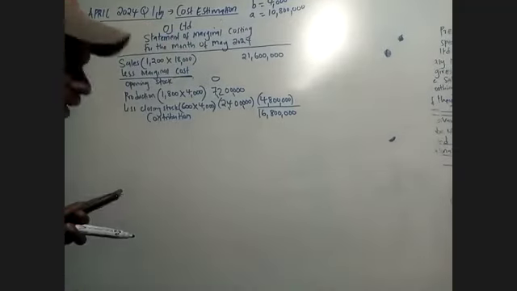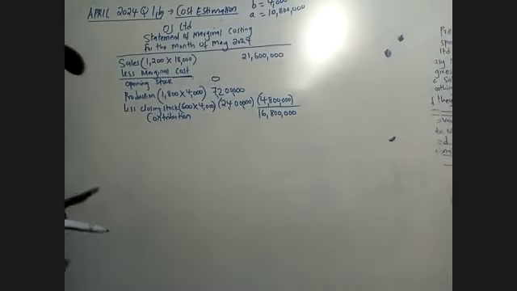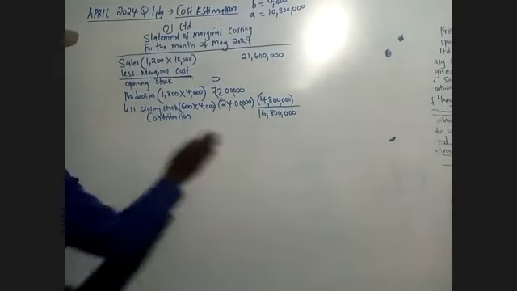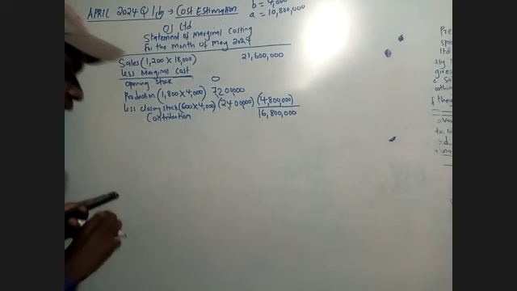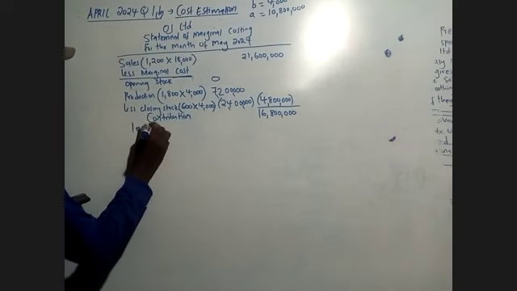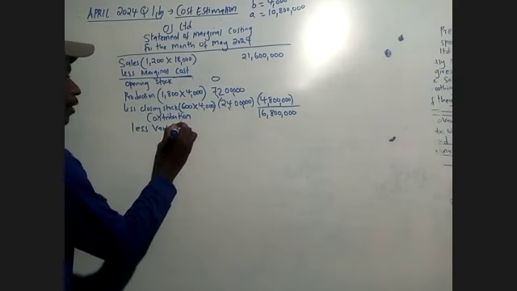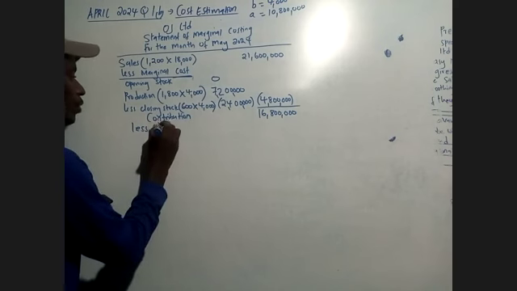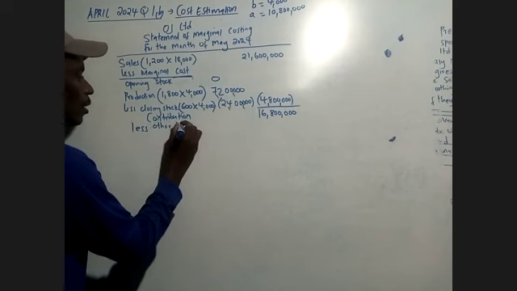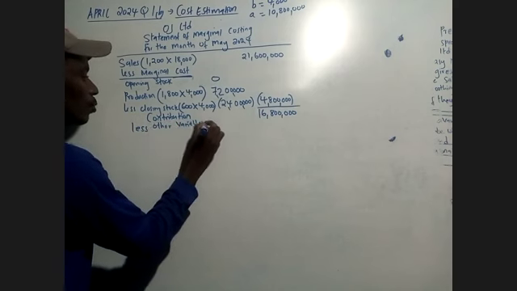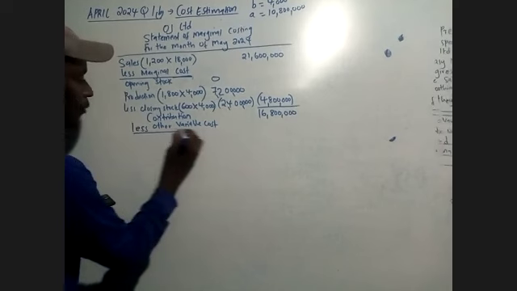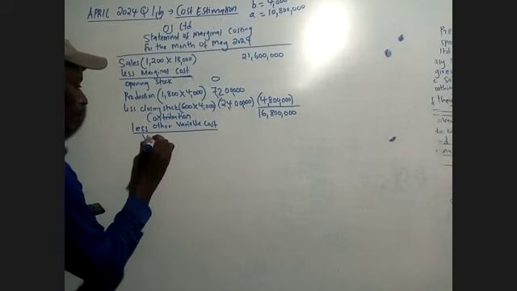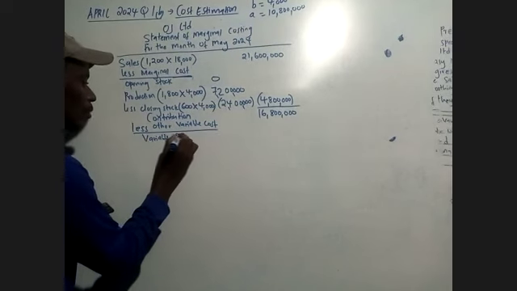Now tunaendelea chini yake. Ukishafika hapo, we less variable cost first. Variable selling. So we less variable production, other variable cost. Na hiyo ni yuko kwa production. Na ituambia we have the variable selling.